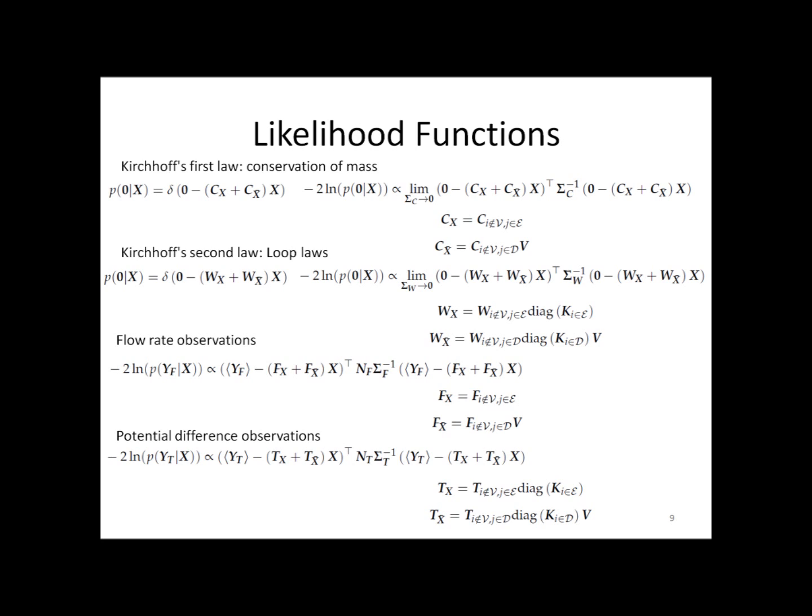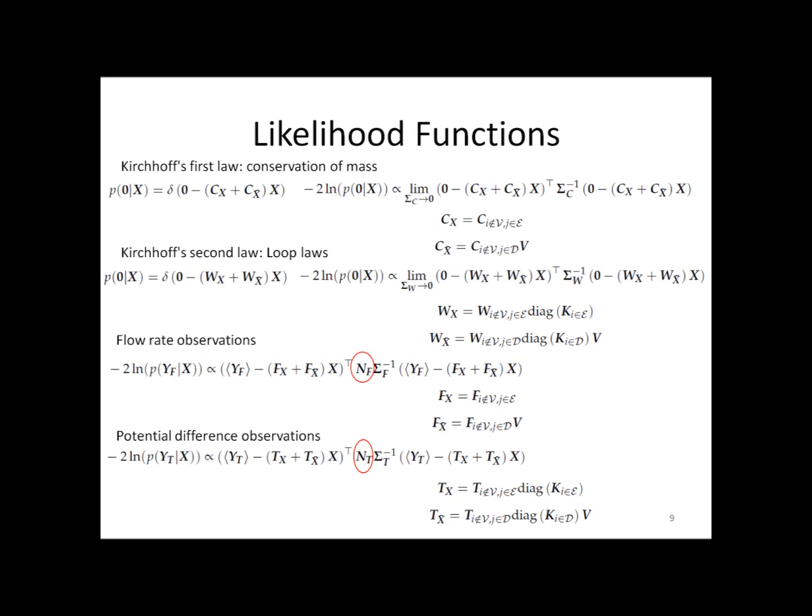And also the first two constraints, conservation of mass and loop laws, are actually likelihood functions, but they're taken as delta functions because I am fairly confident we're not going to have any variation about conservation of mass, whereas my measurements of flow rates or potential differences, because I'm measuring them, could have some uncertainty, and therefore they are Gaussians.